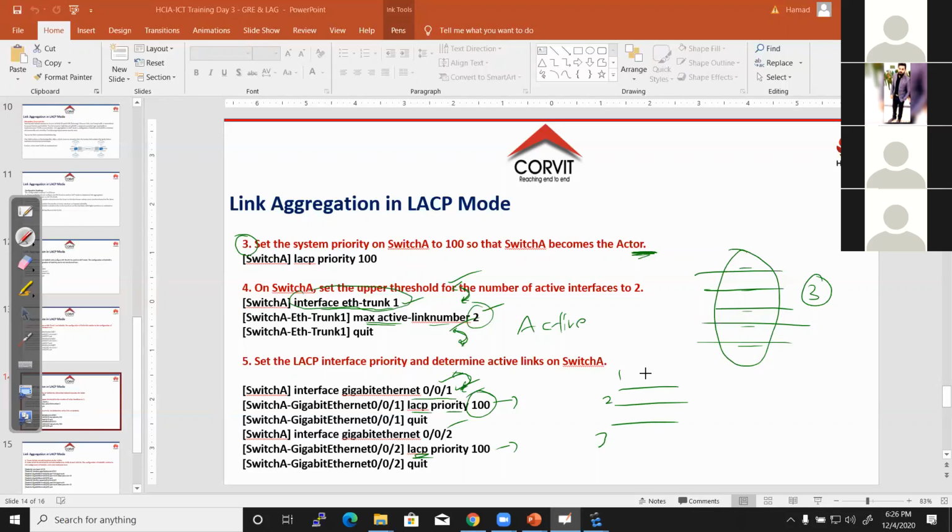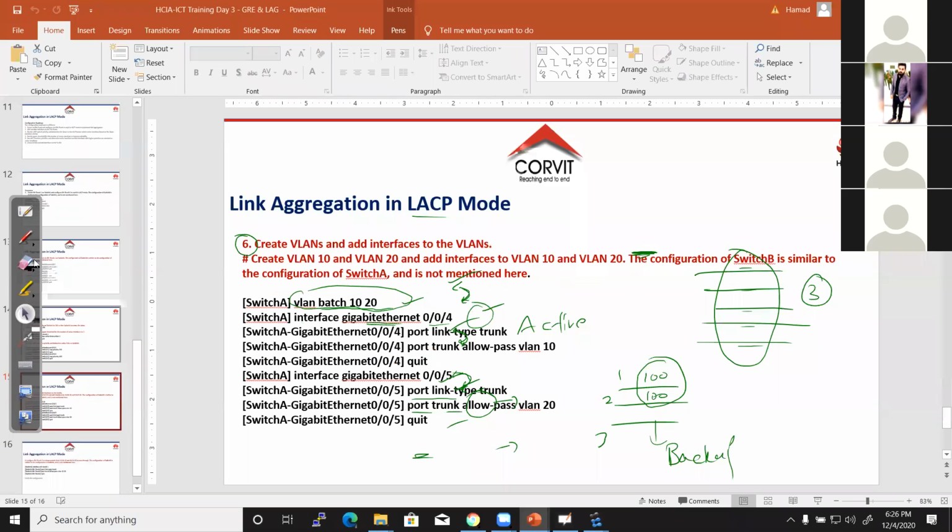I'm increasing the priority of the first and second interfaces so that they act as active links, and I'm not changing the priority of the third link, so by default it will act as the backup. That's how we do the configurations for LACP. And the same configurations I need to do on the other switch, switch B.